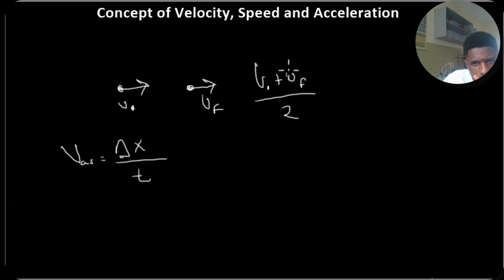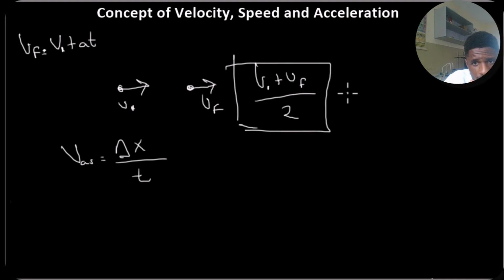Now, originally from our equations of motion, we said vf is equal to vi plus at. So I want to substitute what vf is into this equation here. But before we do that, remember, this way is also our v average, another way to calculate average velocity, but only in a special case this time around.